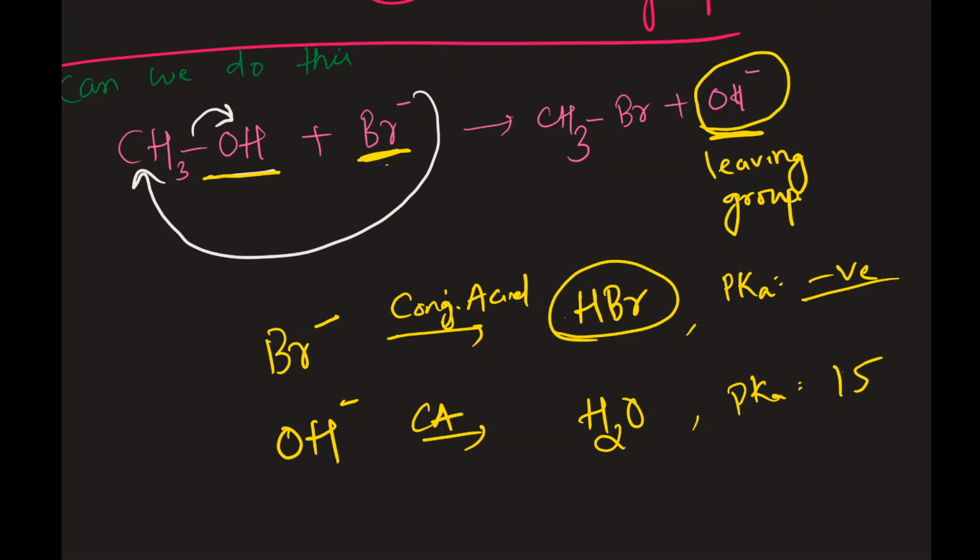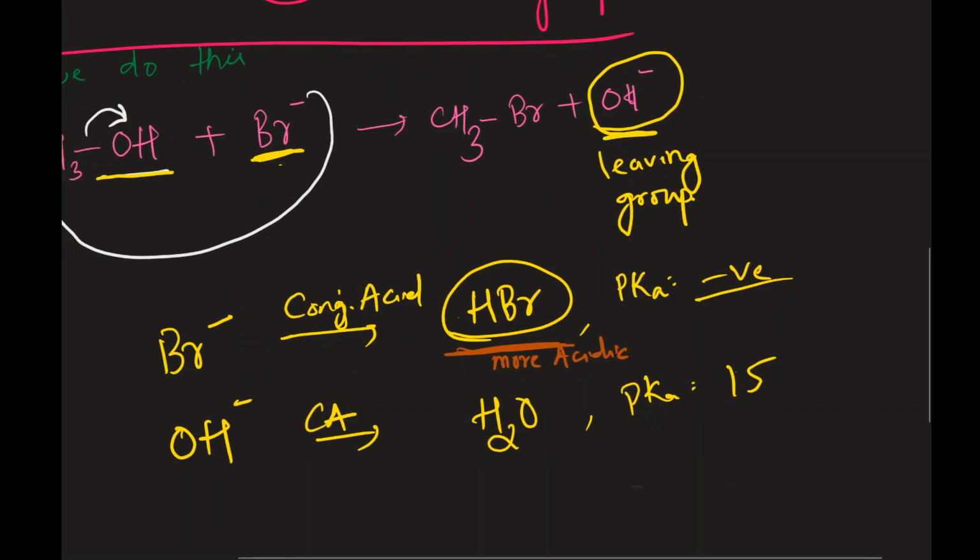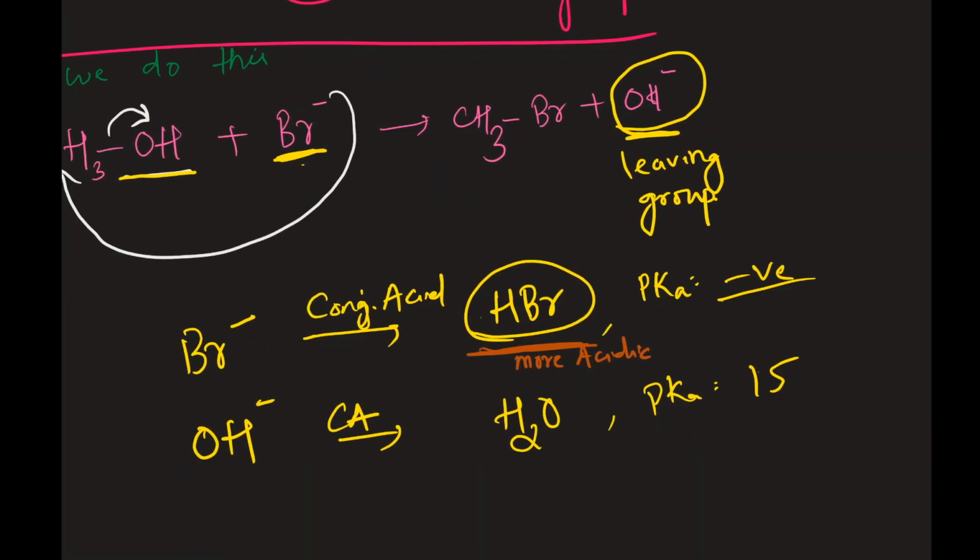Since we are comparing two, which one is more acidic? Obviously HBr is more acidic, right? If it is more acidic, then the corresponding base would be a weaker base.